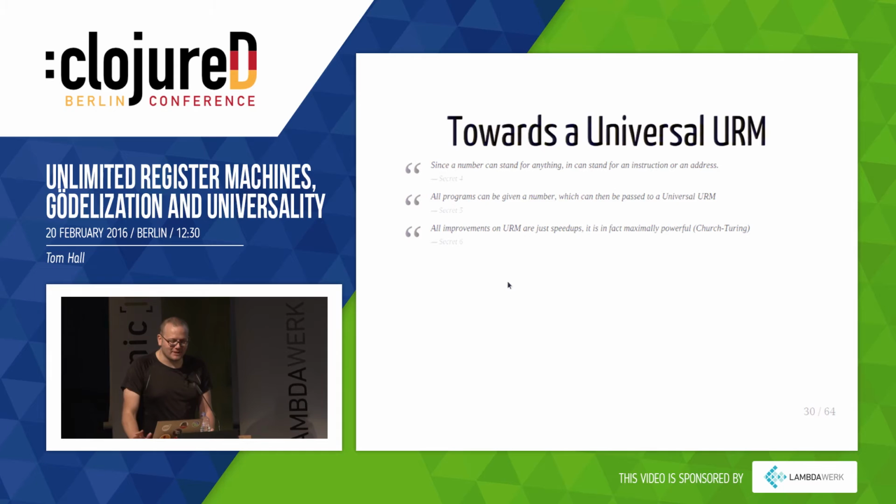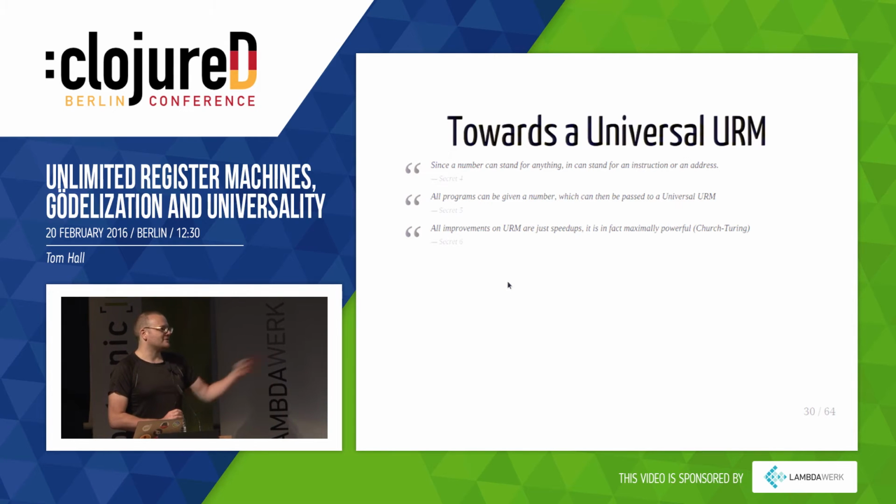All programs can be given a number. This is the key idea of Gödel. So if you can represent a program as a number and feed it into a machine that then takes the equivalent program and executes it, and then if you can take the input registers and encode them as a number, then your universal machine can take 2 inputs.